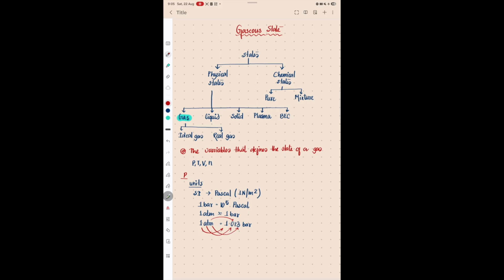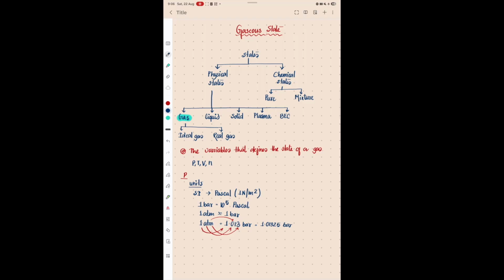So this is how I used to remember that 1 atm is equal to 1.013 bar. It's a little bit silly, I know, but you can remember it this way. If I take a more precise value, then 1 atm is equal to actually 1.01325 bar. But for numerical problems, taking 1 atm equal to 1.013 bar is totally sufficient.